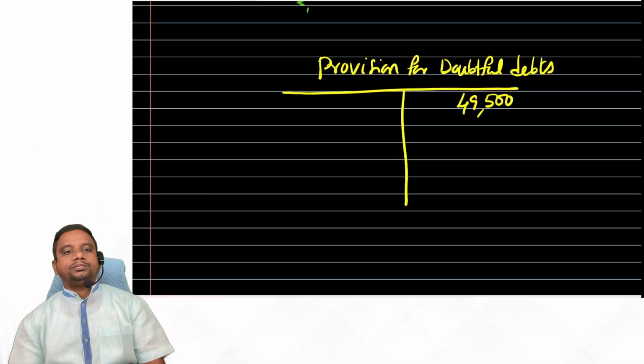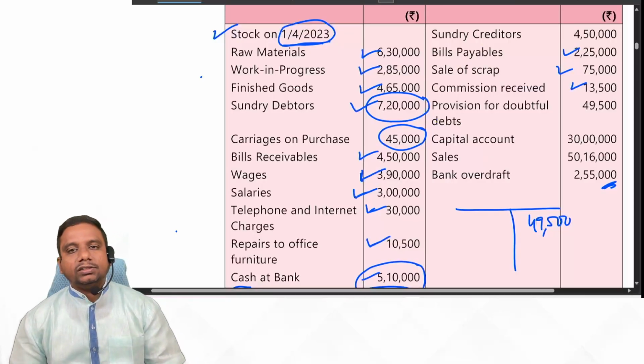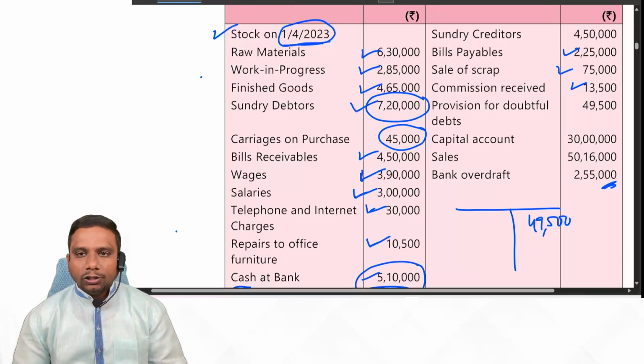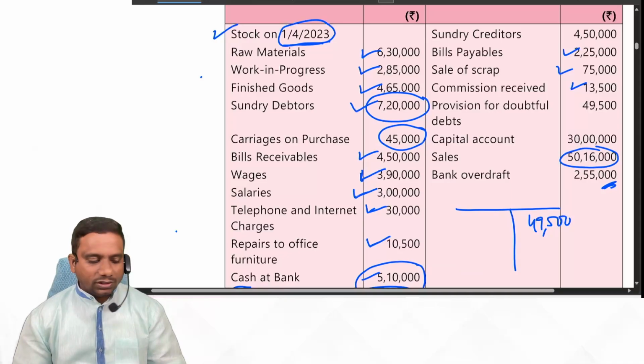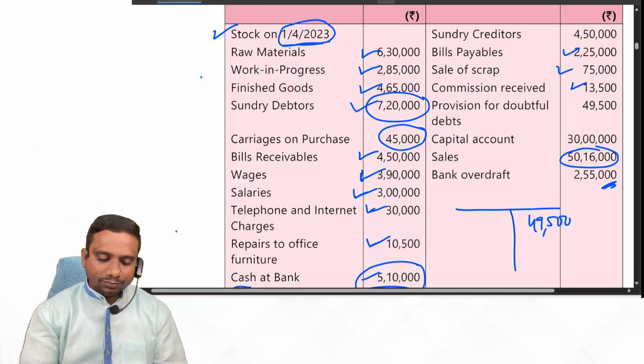Yes or no? Yes. Now they said provide provision 1% on sales. You observe sales are 50 lakh 16,000. 50 lakh 16,000 into 1% comes around 50,160.